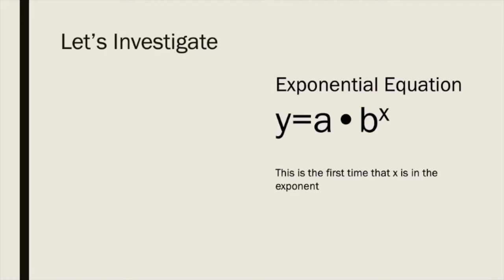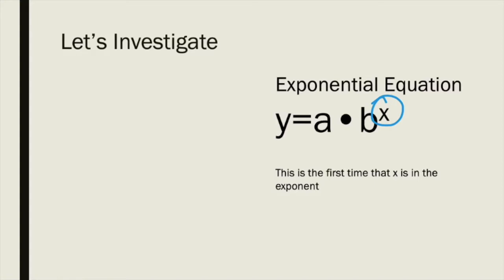I'm showing you what an exponential equation is. Notice that there is a number a. There is a multiply in between, and then another number with x as an exponent. This is the first time you've ever seen x as the exponent. We have had x in the past with different numbers as exponents, but we have never had x being the exponent itself.